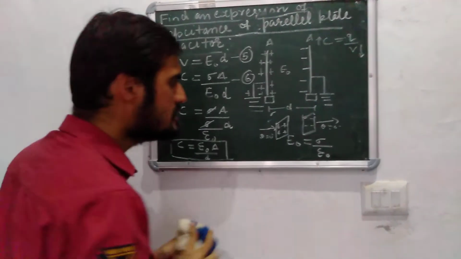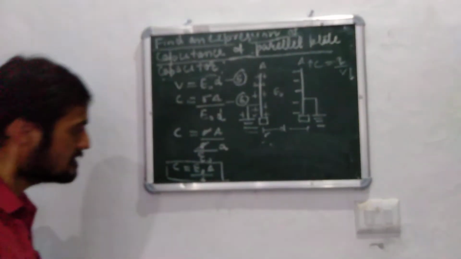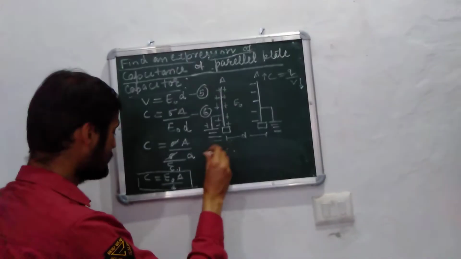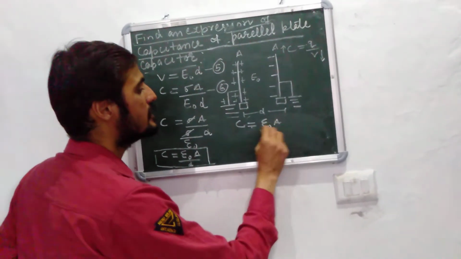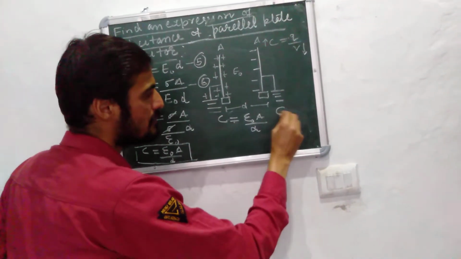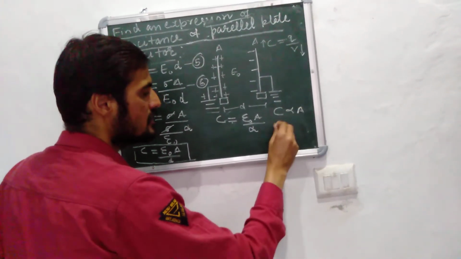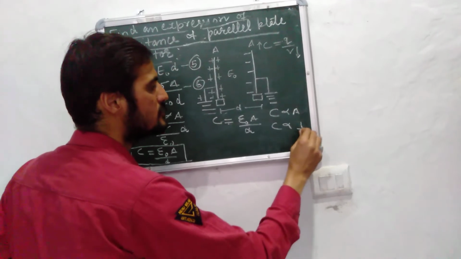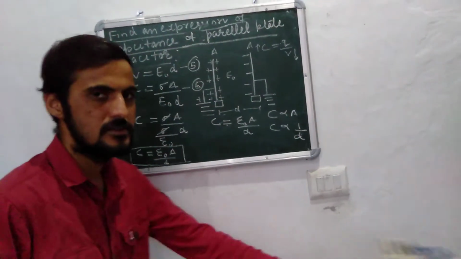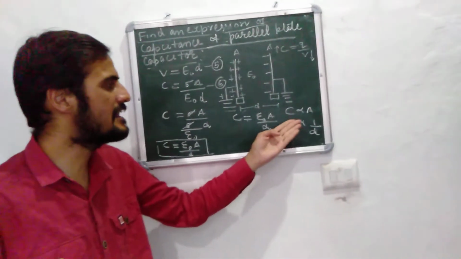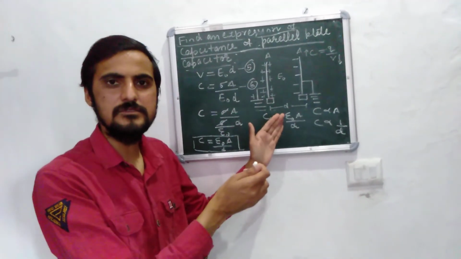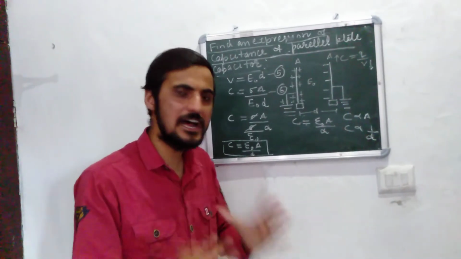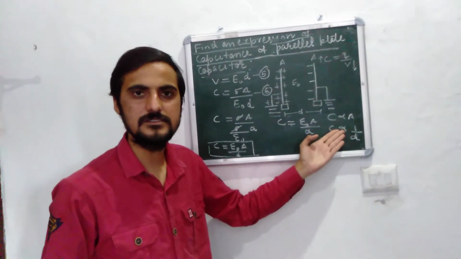From this expression, C is equal to epsilon naught A upon d. Capacitance is directly proportional to A, and capacitance is inversely proportional to d. From these we find that if the area of the plate is large, capacitance is large.